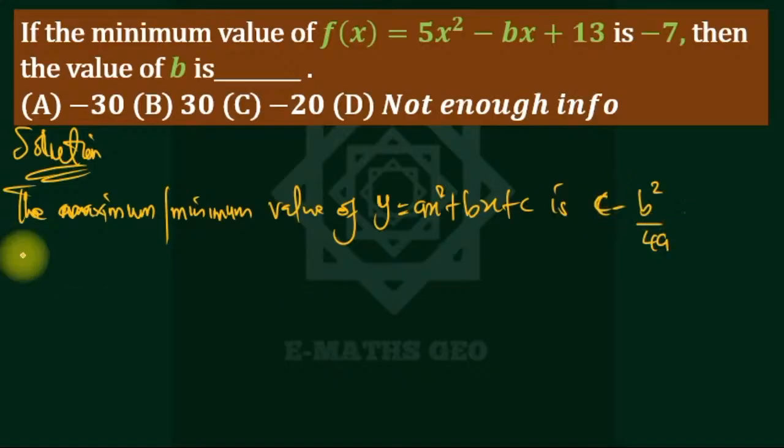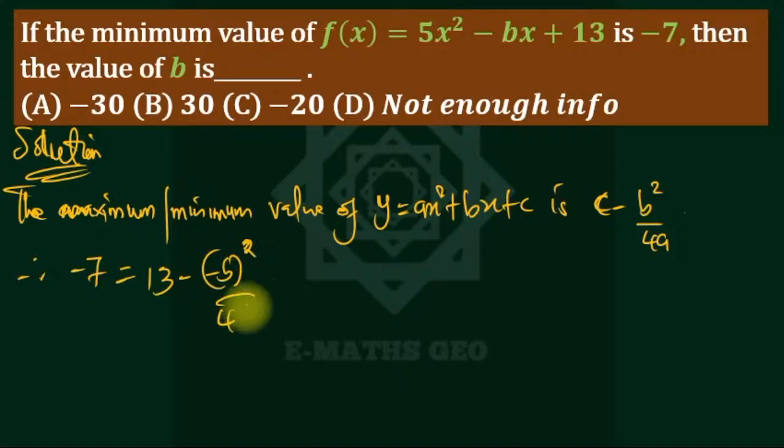So from here they gave us that this minimum value is -7, so -7 is equal to c. Here c is 13, so I have 13 minus b all squared over 4 times a, which is 5.